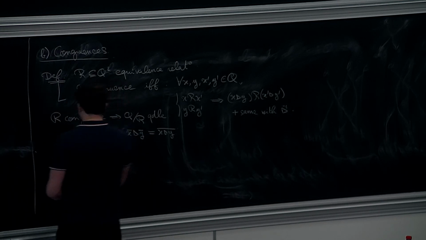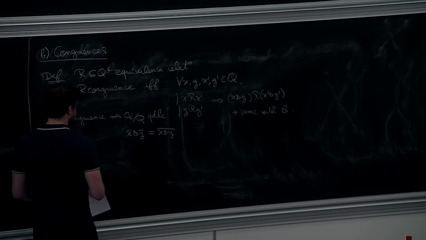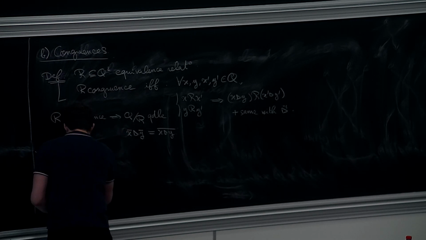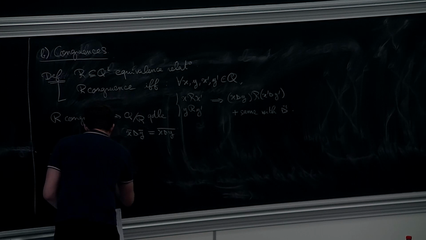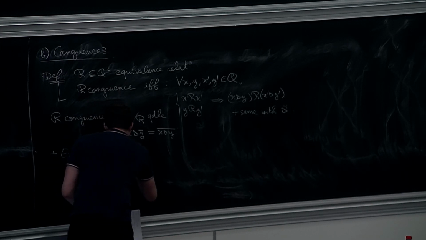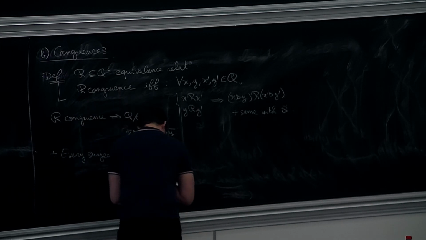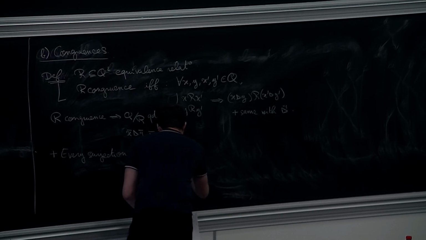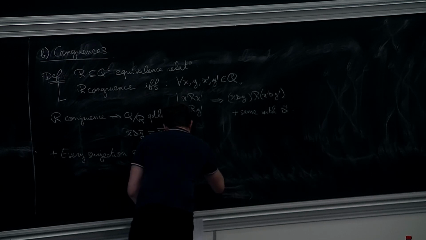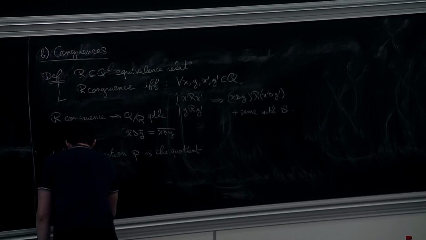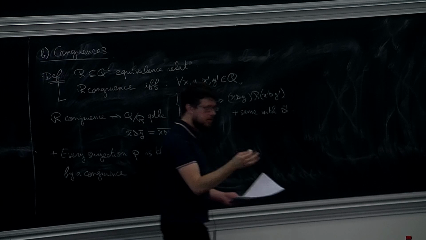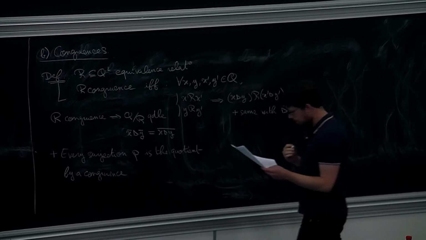Okay, and the other thing is that every surjection, that is every surjective morphism p, is the quotient by a congruence, which you can think of as the kernel of p, like the kernel in group theory.